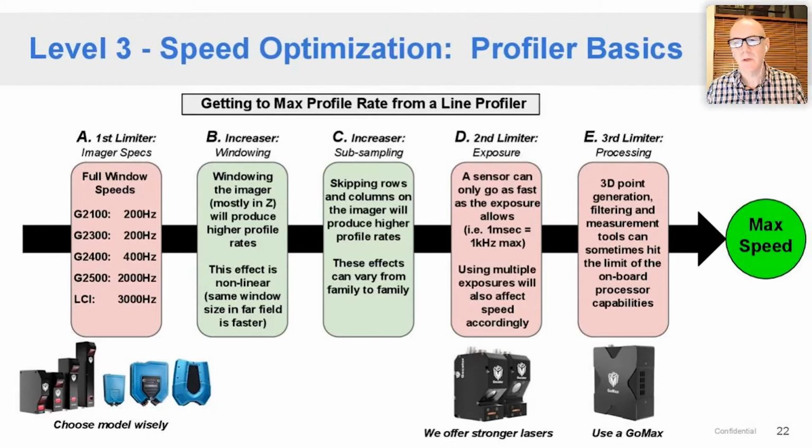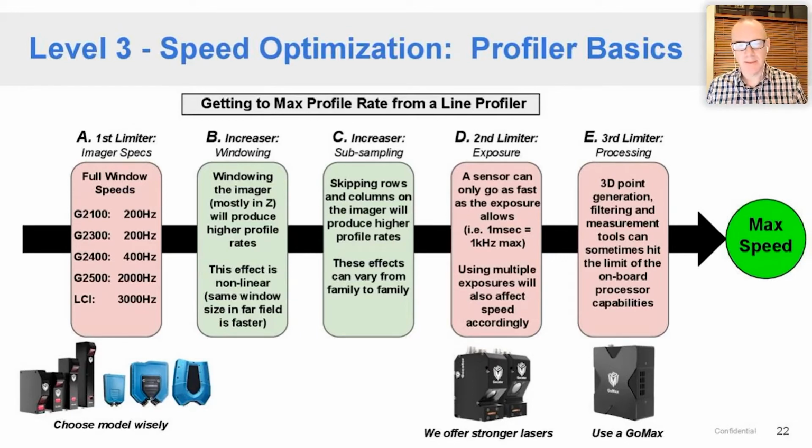This is a way, after you've windowed, to sacrifice either Z resolution or X resolution to gain speed in the travel direction. There's some trade-offs involved there. And they can vary a bit from family to family, but it is a way to go even faster without sacrificing depth of field. And I will show you this in an example here just after this slide.